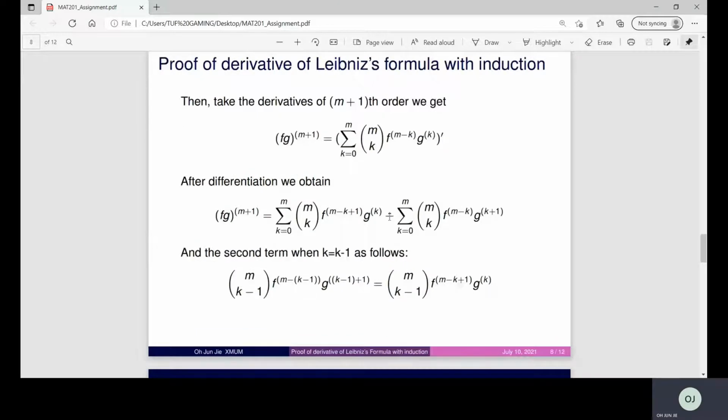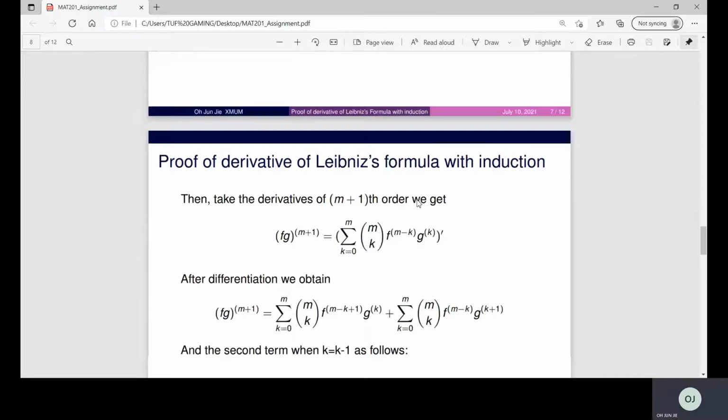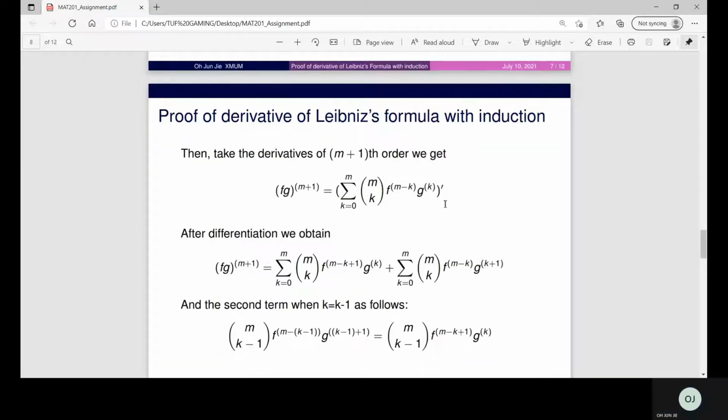Then we can take the derivative of order m plus 1. We can use the formula to differentiate one more time.